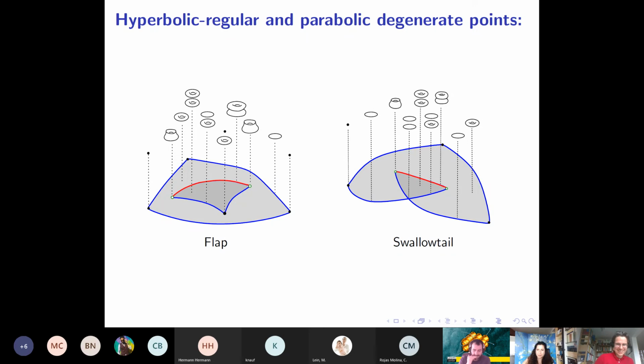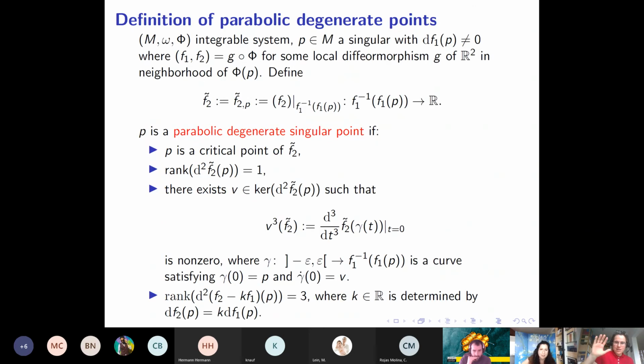Okay, then here comes the definition of a parabolic degenerate point. I don't have the time to explain it, but this is technically what it is. Practically, it simply means that you just go down in the derivatives, and after a standard singular point that is non-degenerate, you loosen up the next derivative, give there a little bit of degeneracy that may vanish, and everything lower down again is nice and fine.